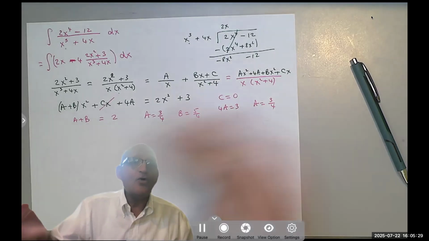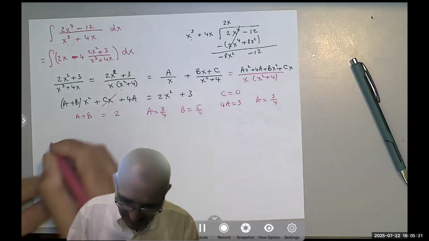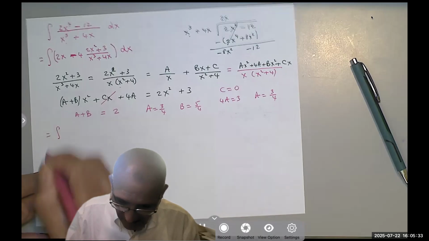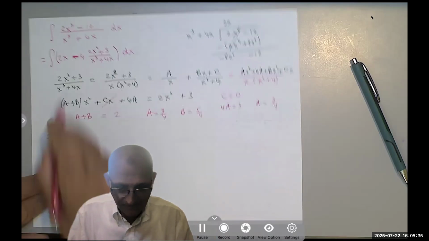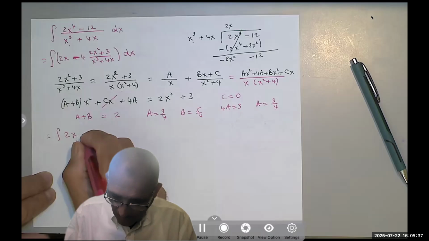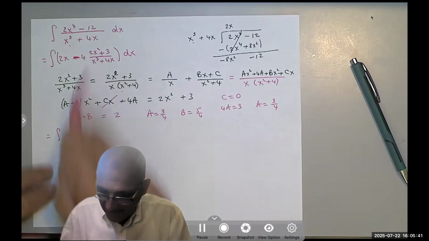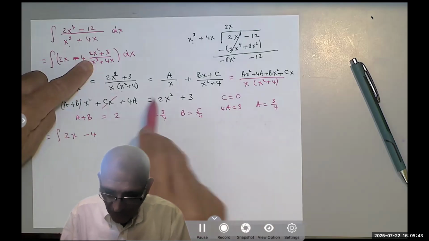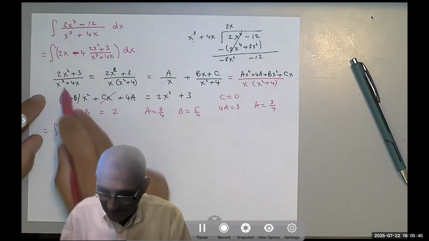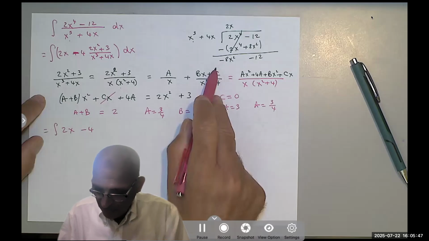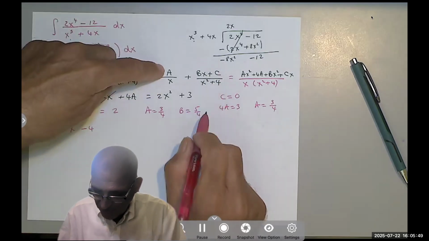So now I can go back to the original problem and say it's the integral of (2x minus 4) times, notice instead of the A over x, we already found a is 3/4.